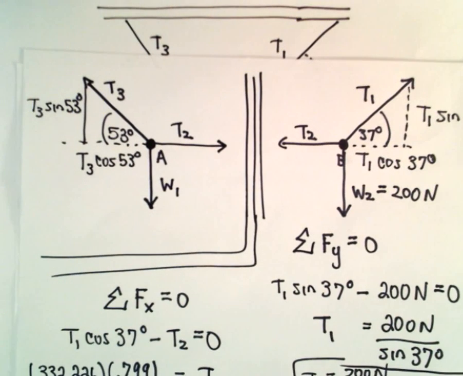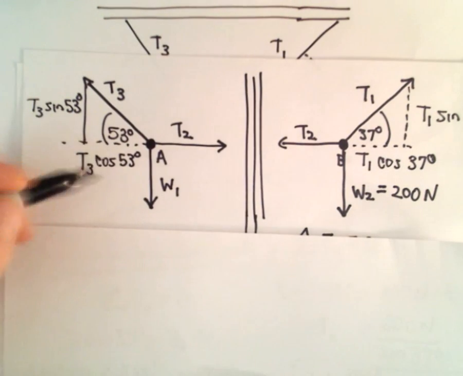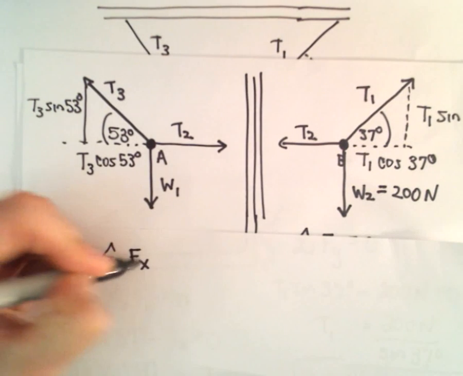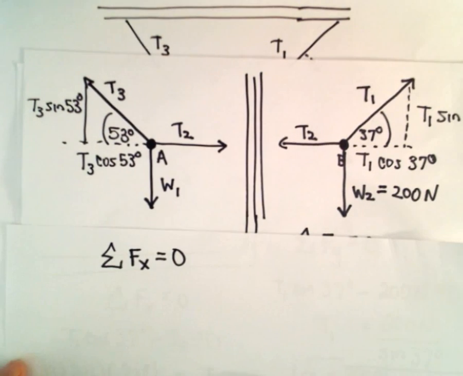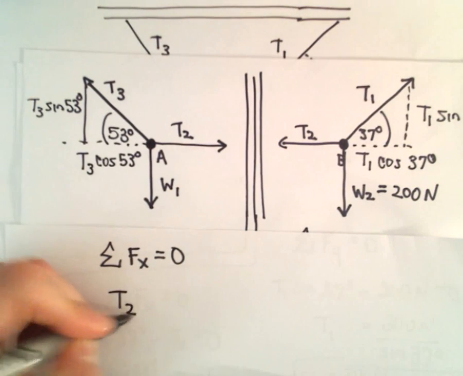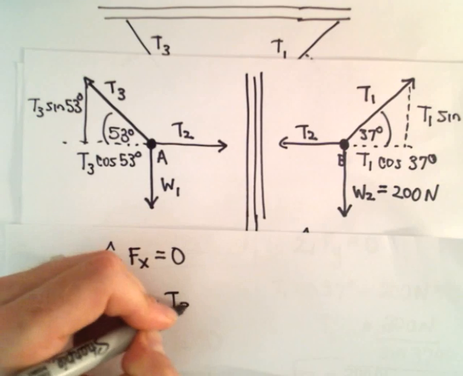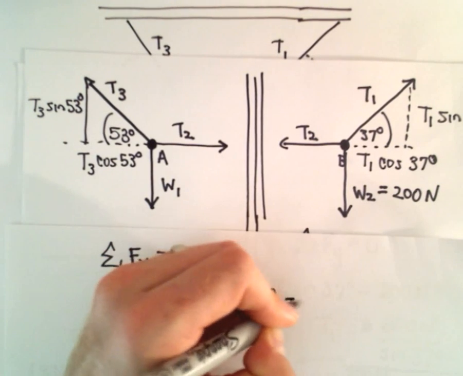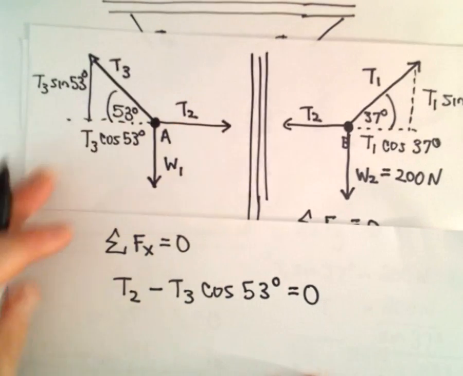Well, now I can use the fact that we have T2. If I look at my diagram here on the left again, we know that the sum of the forces acting horizontally will have to be 0 since it's an equilibrium. That would tell us that T2 minus T3 times cosine of 53 degrees has to equal 0.